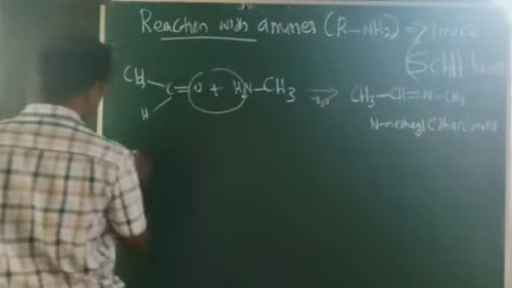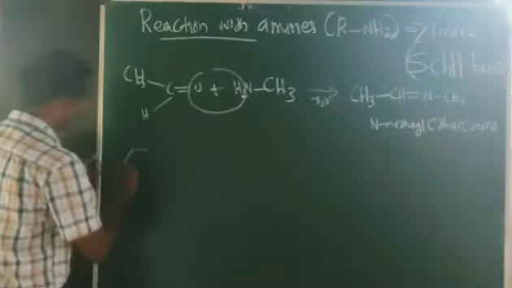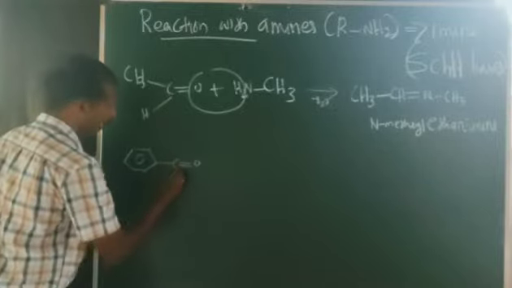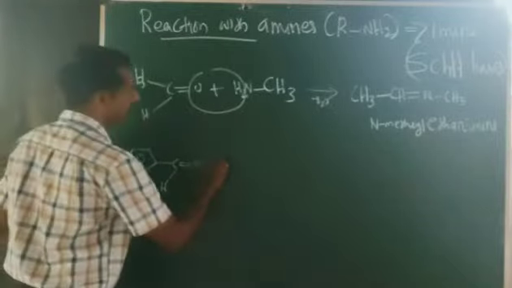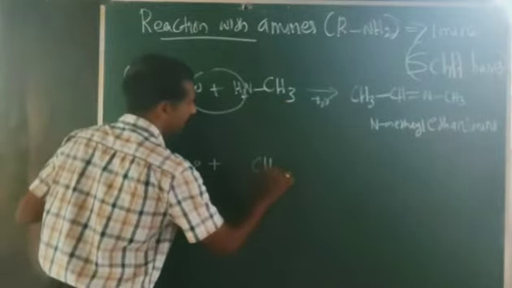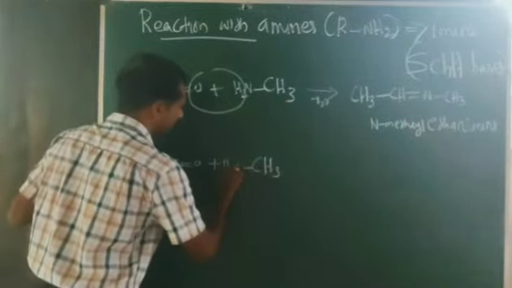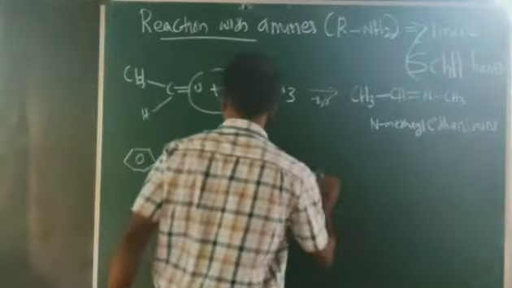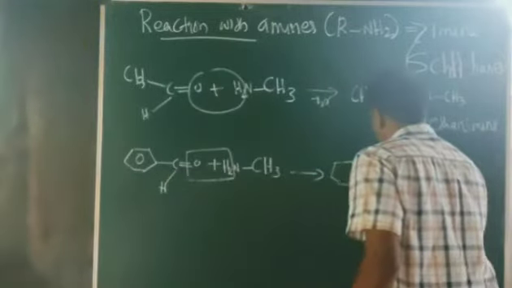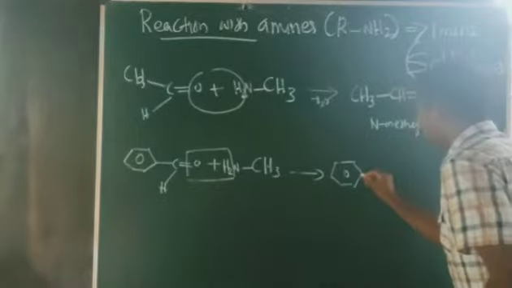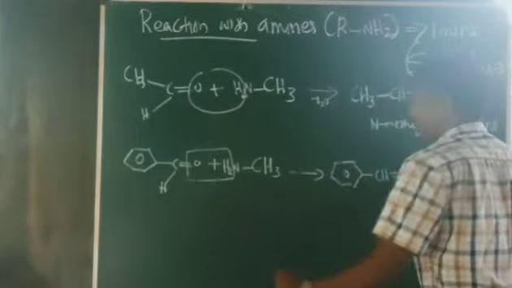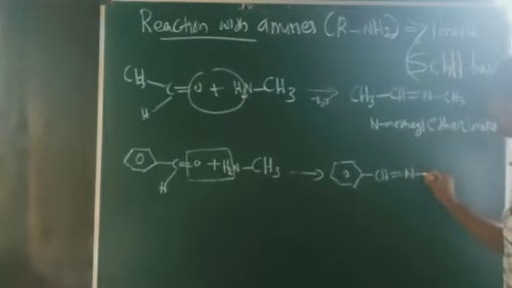Another example. We take benzaldehyde, C6H5CHO. Benzaldehyde reacts with methylamine, CH3NH2, so H2 is eliminated, and we get the compound C6H5-CH=N-CH3.